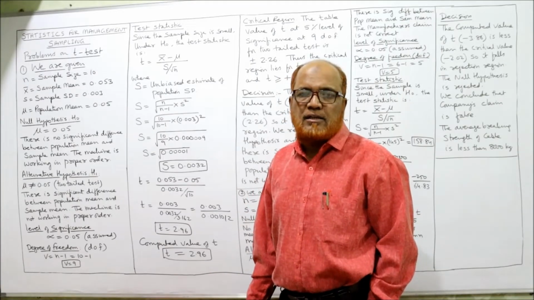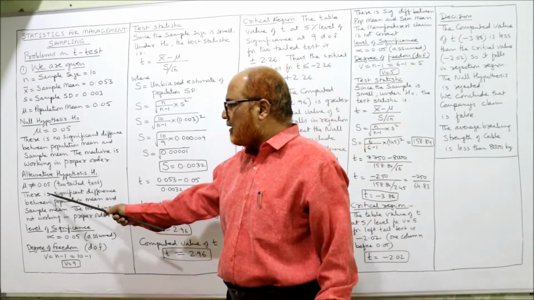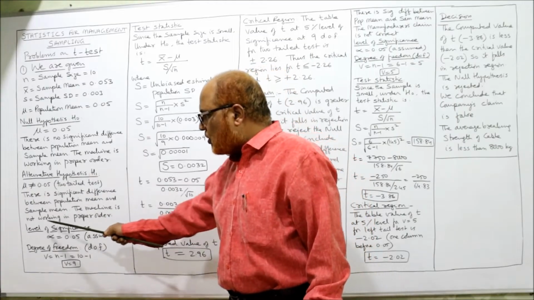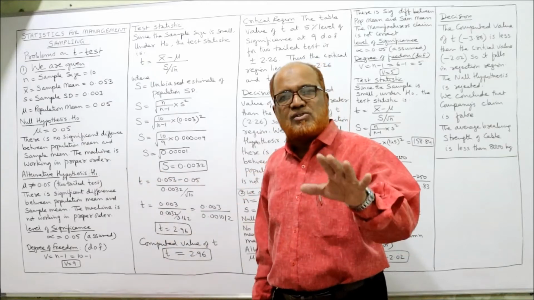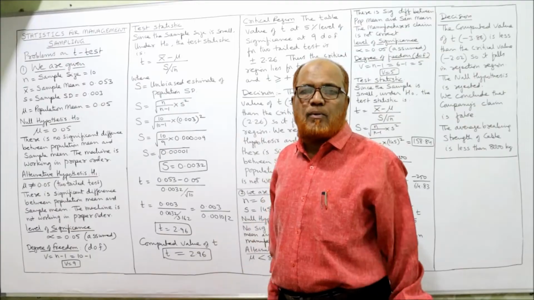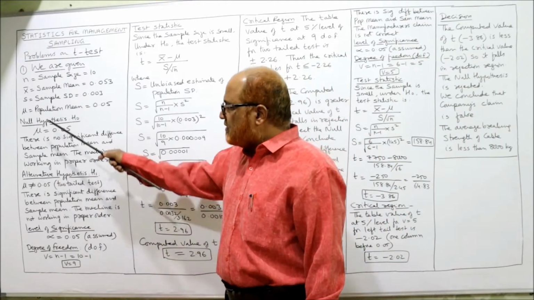Rejection region will lie on both the sides. There is significant difference between population mean and sample mean. The machine is not working in proper order. Null hypothesis, the machine is working in proper order. Alternative, the machine is not working in proper order. Mu is not equal to 0.05. This is the first step.